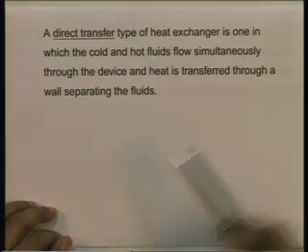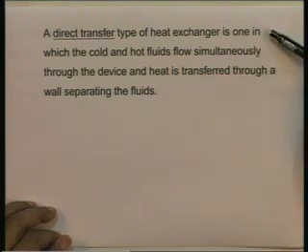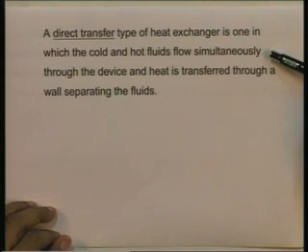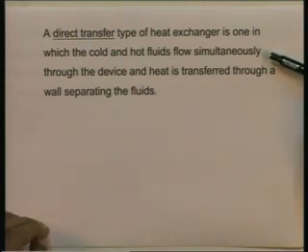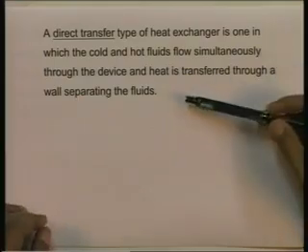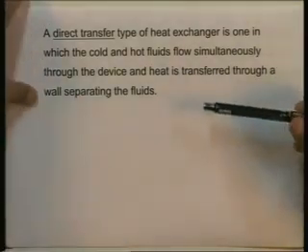I repeat, a direct transfer type of heat exchanger is one in which the cold and the hot fluids flow simultaneously through the device and heat is transferred through a wall separating the fluids. All right. Let us look at an example of a direct transfer type heat exchanger.